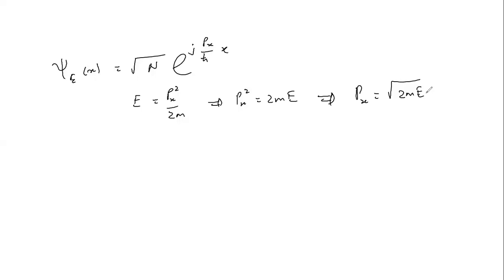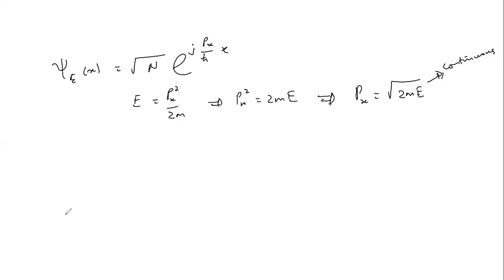Okay, so the momentum is directly related to the energy, where E in this case is continuous. It's not quantized because it's in free space. So the energy is continuous. It's not quantized. You have to take note. Okay, so the energy of a particle in free space is not quantized since the momentum is not quantized. It's a continuous value.